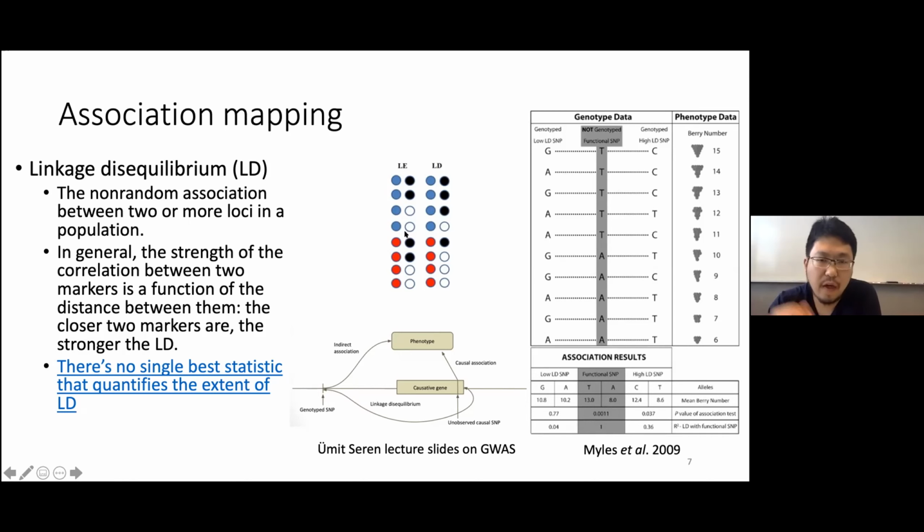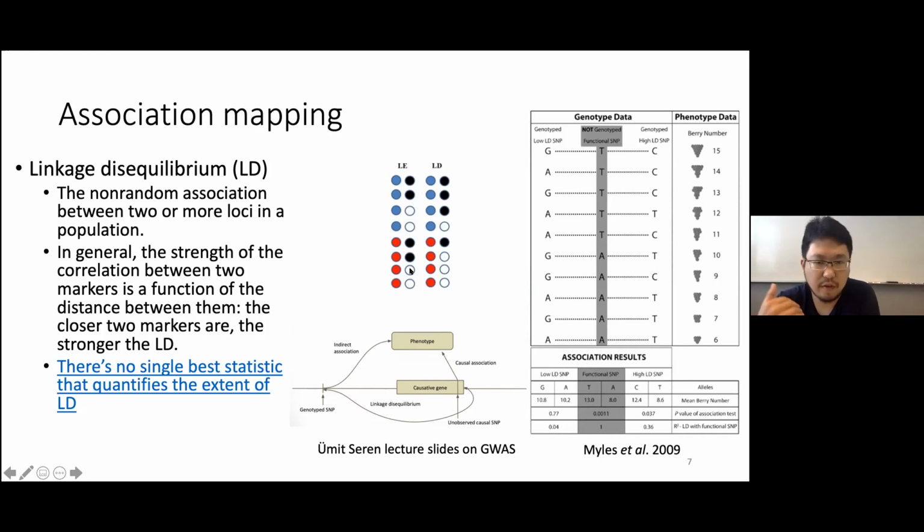If the population is under linkage equilibrium, or under Hardy-Weinberg equilibrium, the association of these alleles is completely random. For example, the chances of the blue dots and the black dots, the blue dots and the white dots, the red dots and the black dots, and the red dots versus the white dots are equal.